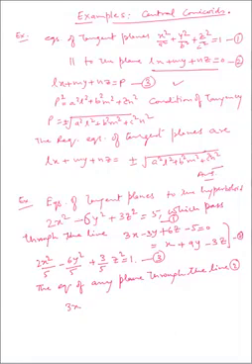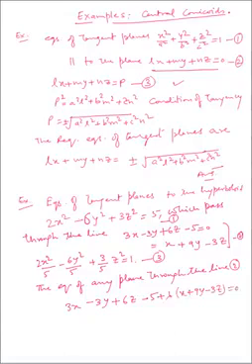So P1 3x minus 3y plus 6z minus 5, 3x minus 3y plus 6z minus 5 plus lambda x plus 9y minus 3z is equal to 0.